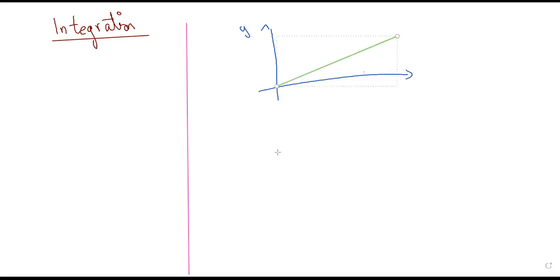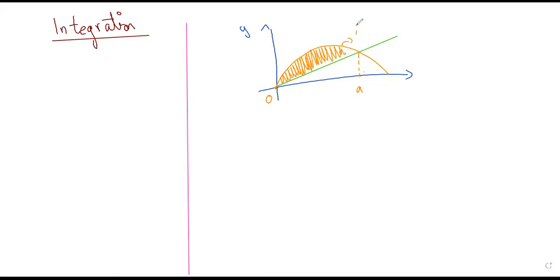This is a line, and then you have a curve as well. Something of this type, okay? And this point is A, and this is 0. And you are to find this area.